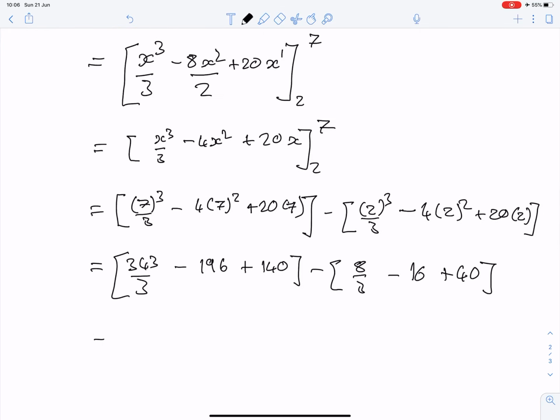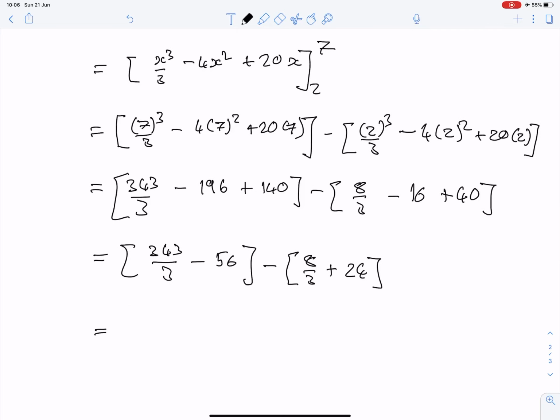Tidy this up, we've got 343 over 3 minus 56, minus 8 over 3 plus 24.